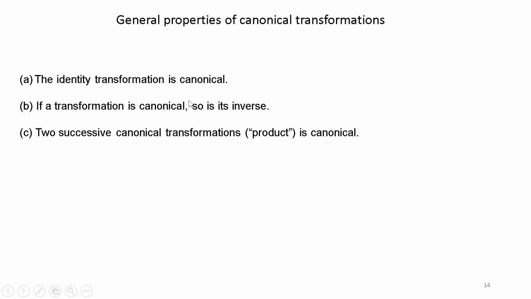That also sounds very reasonable. And then two successive canonical transformations, or you can say the product of two canonical transformations, is also a canonical transformation. No proofs are given here, but I believe that they all sound reasonable to you.